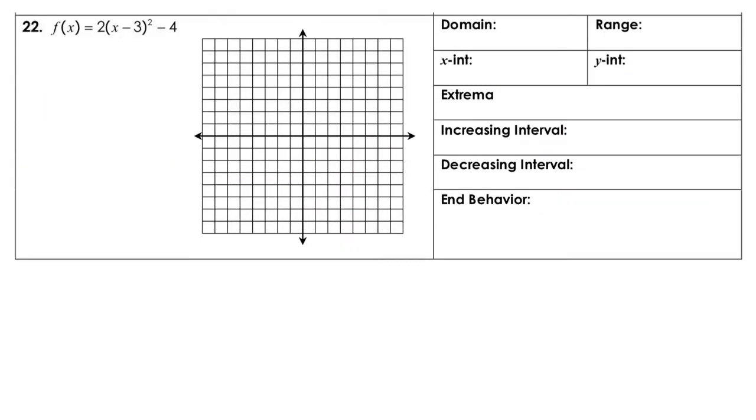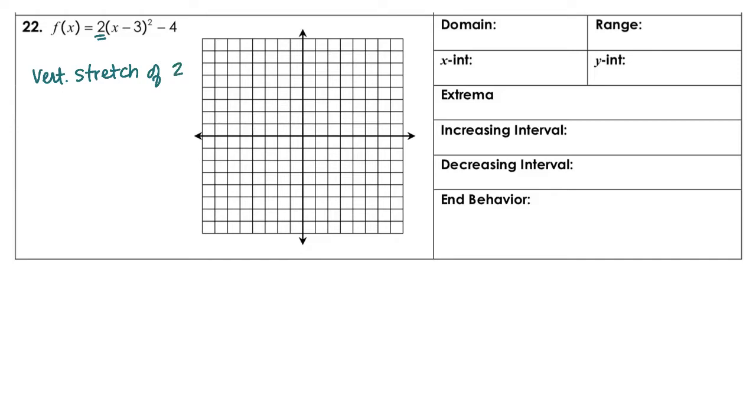Okay, for our next problem, we have a quadratic parent function. So we know we're going to have a general U shape. With the 2 on the outside, we know we have a vertical stretch of 2.